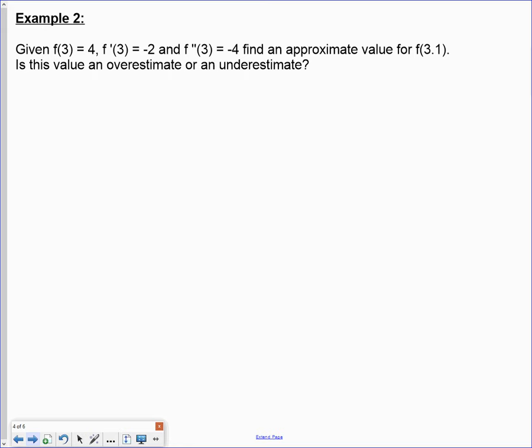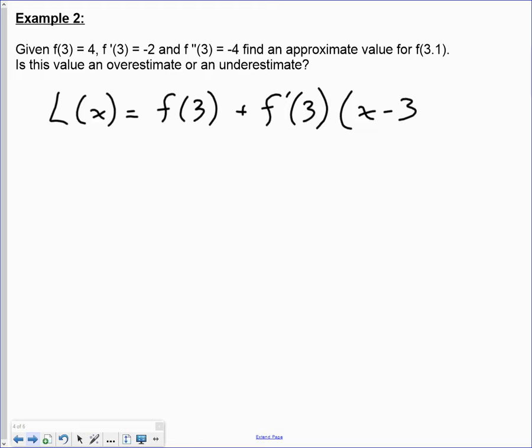The easiest thing to do here is to come up with our linearization equation for our original function. We don't know the function, but our linearization at x equals 3 is going to be f at 3 plus f primed at 3 times x minus 3, just using that equation that we developed earlier. Now, what are we given here?